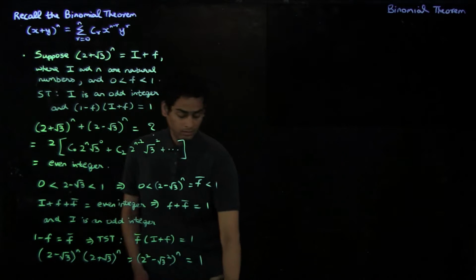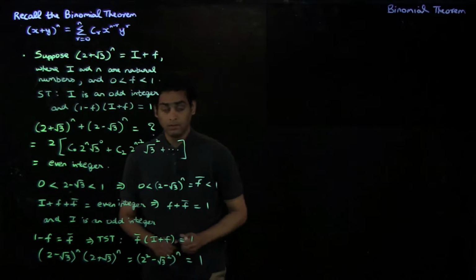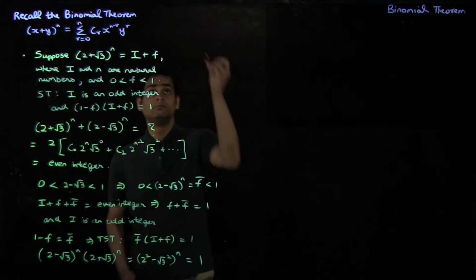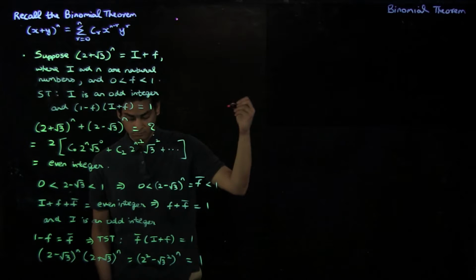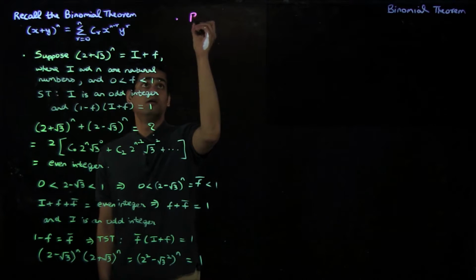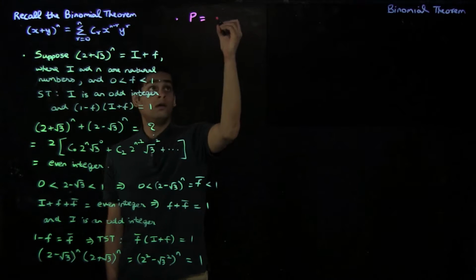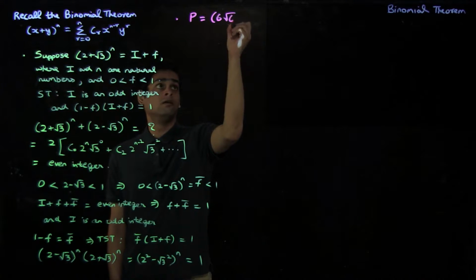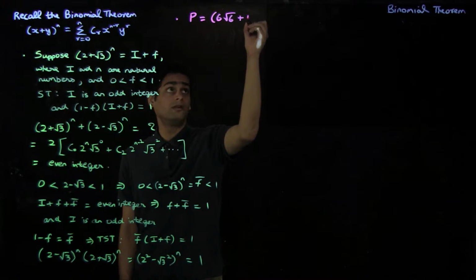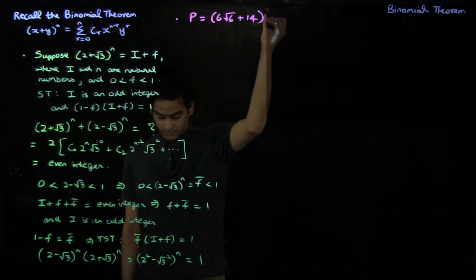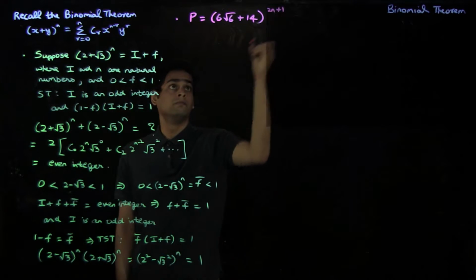So let's look at a related example where we're given that p equals (6 times square root of 6 plus 14) the whole power 2n plus 1.